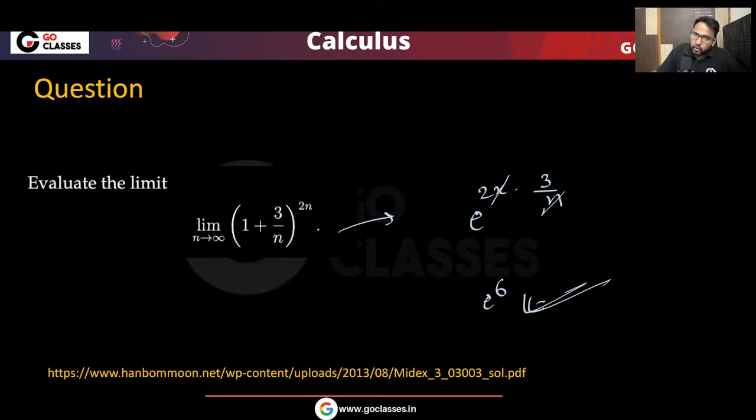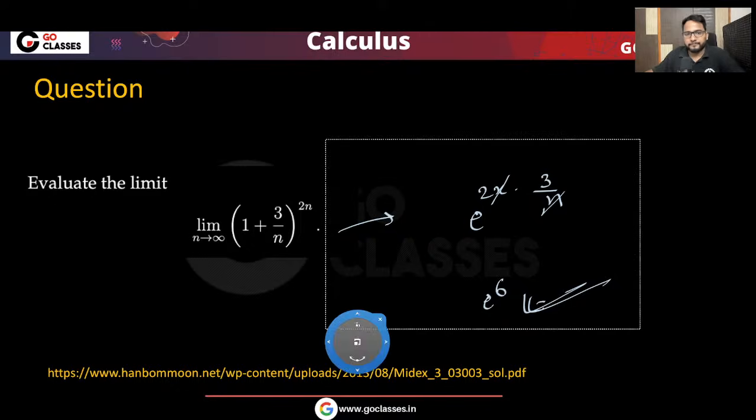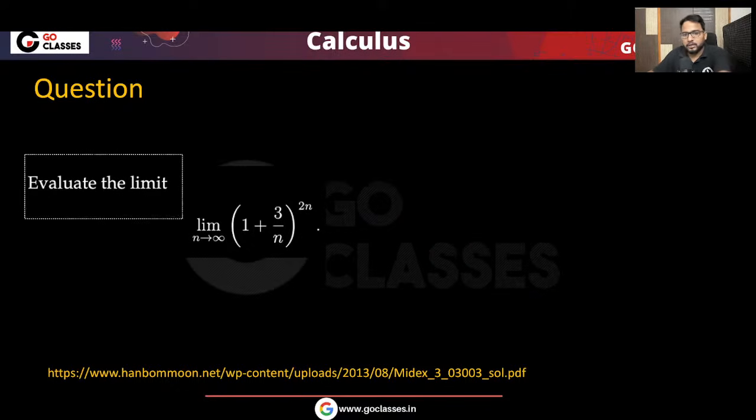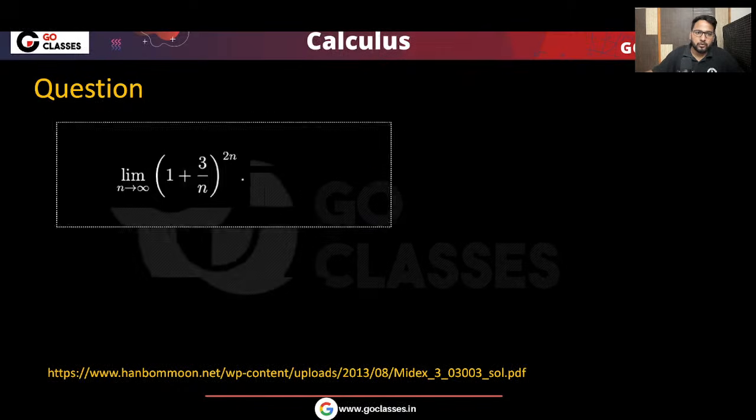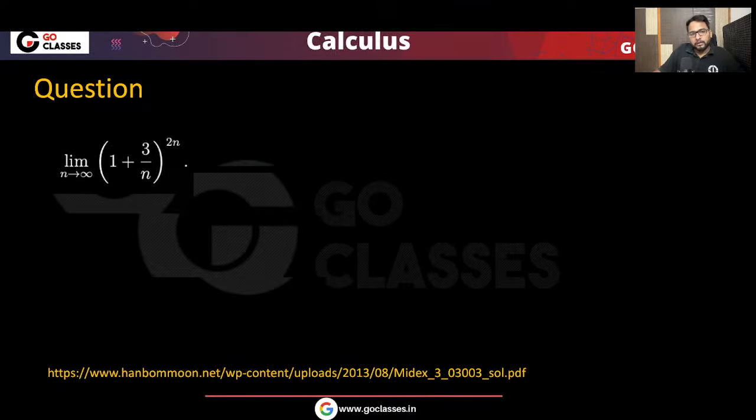Suppose you don't know, what will you do? Suppose in this question also you don't know that method, then what will you do? I think you will be again taking the log. You will be again assuming this is L or some quantity.